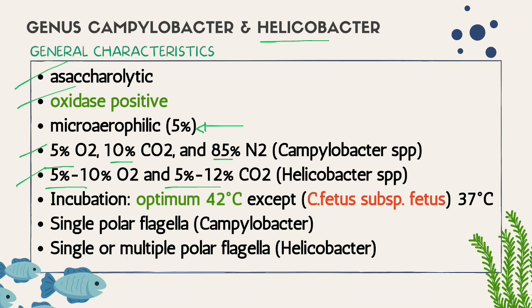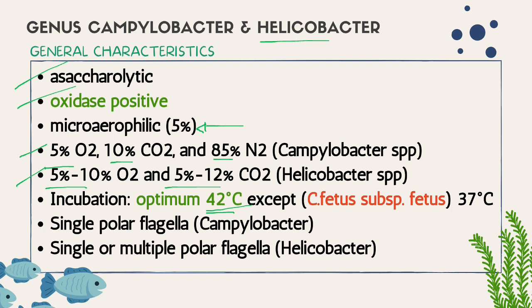Another thing to remember on this particular genus is that their optimum temperature to grow is 42 degrees Celsius. So, slightly higher than of a normal temperature for your bacteria. So, ang normal natin kasi is usually 35 to 37 degree or the normal temp for your incubator. But for your Campylobacter and Helicobacter, they require 42 degrees Celsius.